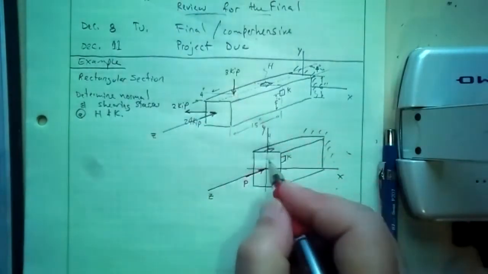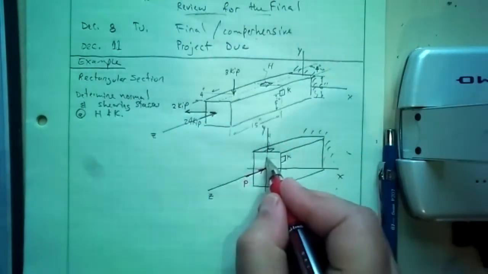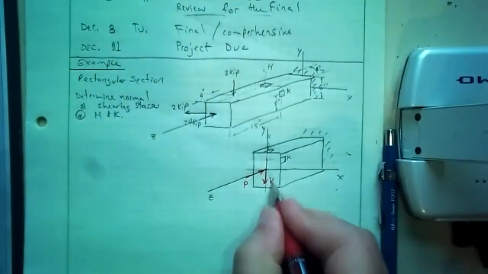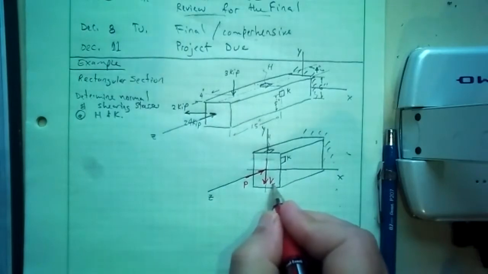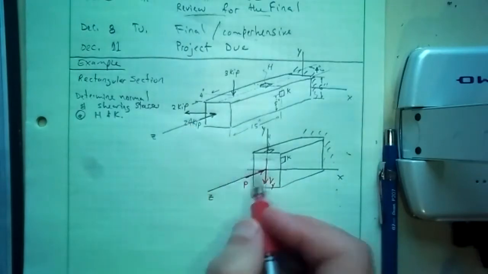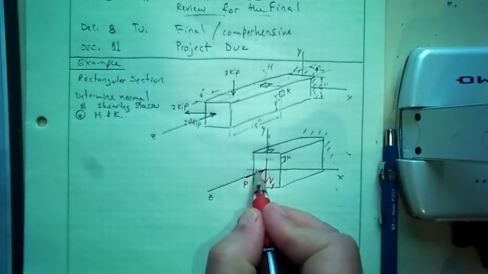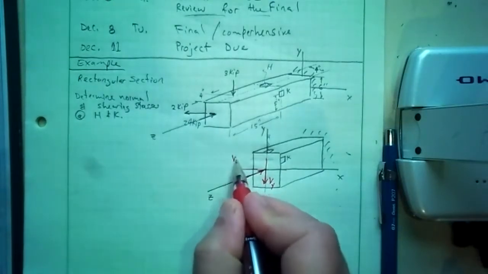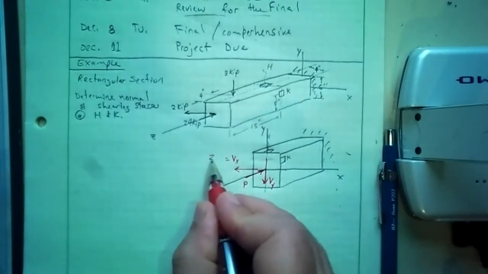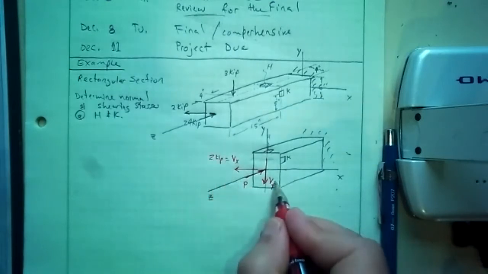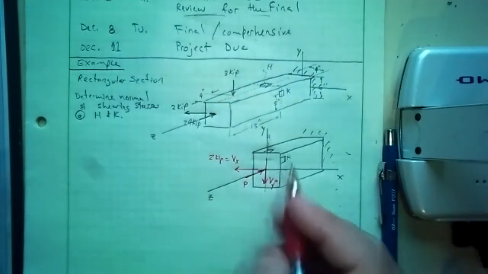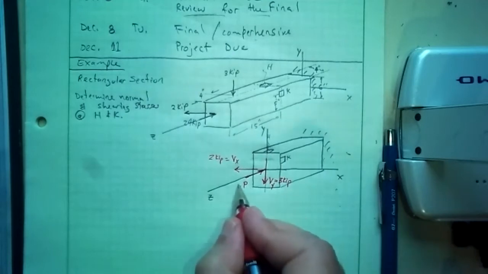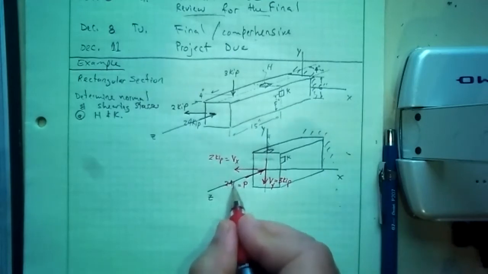This 3 kip causes Vy. That's the direct shear in the Y direction. This 2 kip causes direct shear in the X direction. And I can put these in there, I guess. And P is 24 kip.